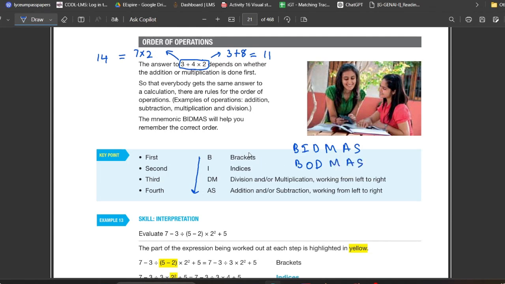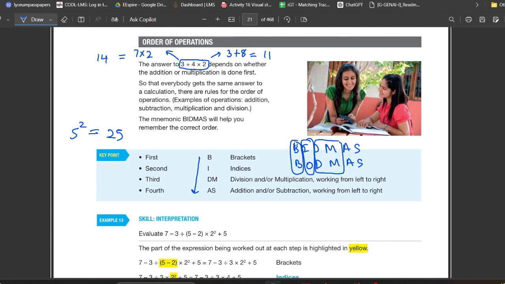So the first thing we have to do is brackets. The second thing is indices or order. Indices means if we see some powers, we expand this first. And the third one is division and multiplication.